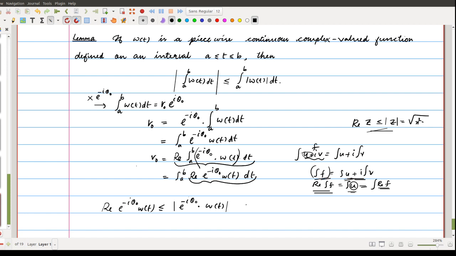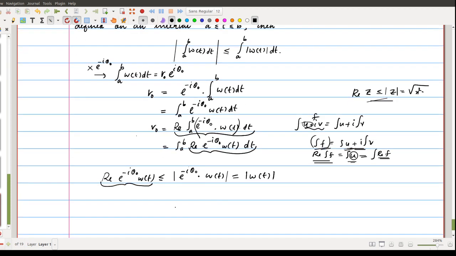When you split this, the modulus of e to the power minus i theta naught is 1, so this is always equal to the modulus of omega of t. So we replace this quantity in the integrand of the above integral by the modulus of omega of t. Now we get r naught is always less than or equal to the integral from a to b of modulus omega of t dt.